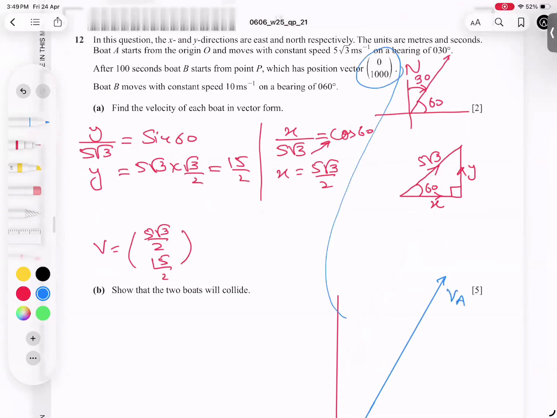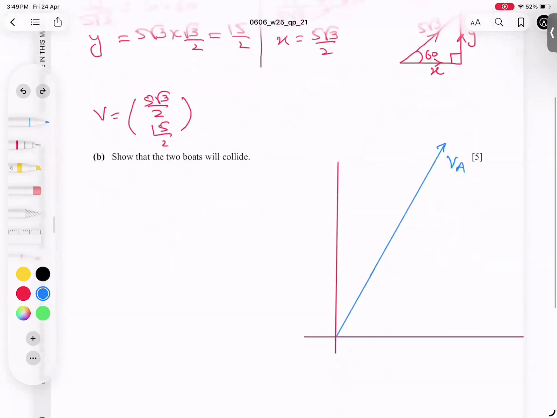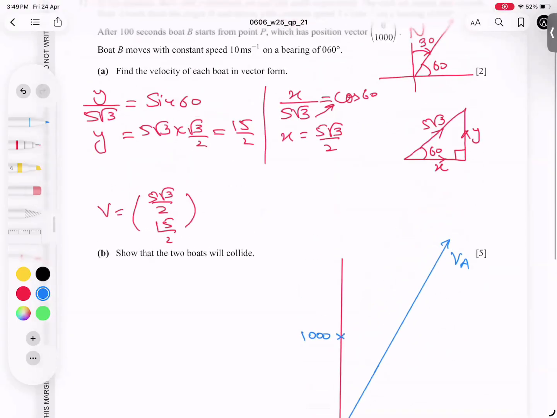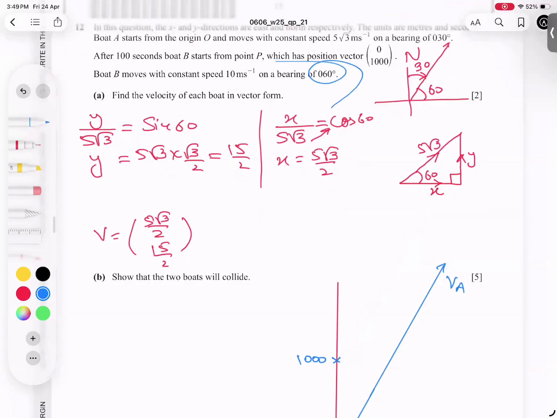And B particle starts from 0, 1000, meaning x is 0 and y is 1000. So let's say it's starting from here. What is the angle? It says bearing of 60 degrees and speed is 10. The same formula will be used.